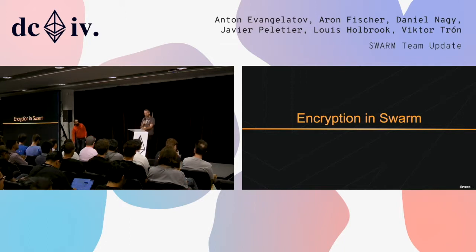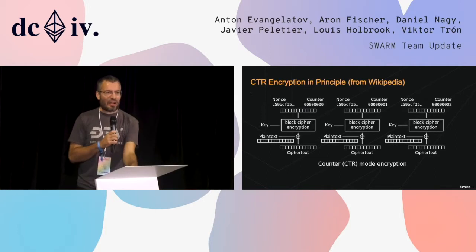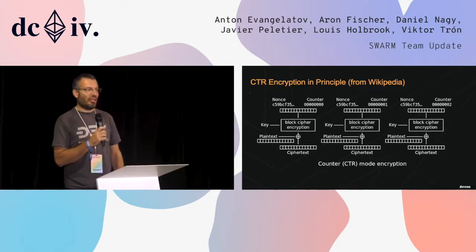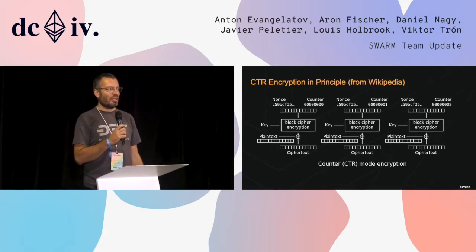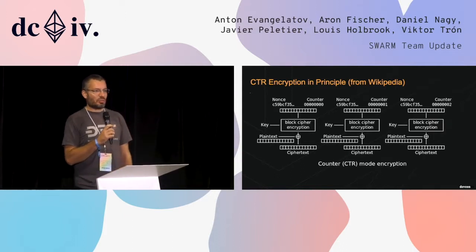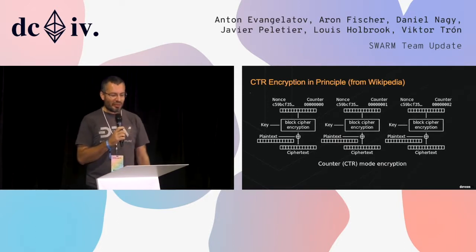Hello, everyone. I'm going to talk about how you store confidential information in Swarm and how you limit the users who can access it. Confidential information in Swarm is encrypted using counter mode encryption, whose basic security properties you can find in Wikipedia.